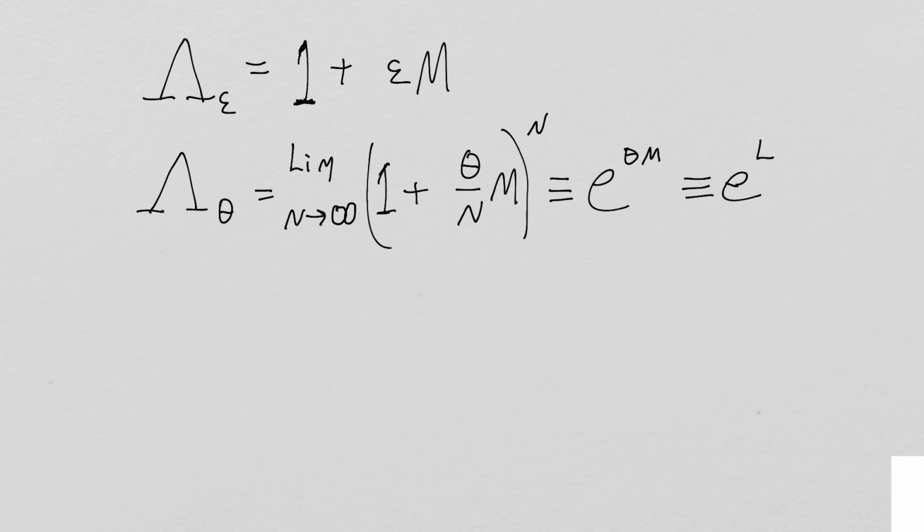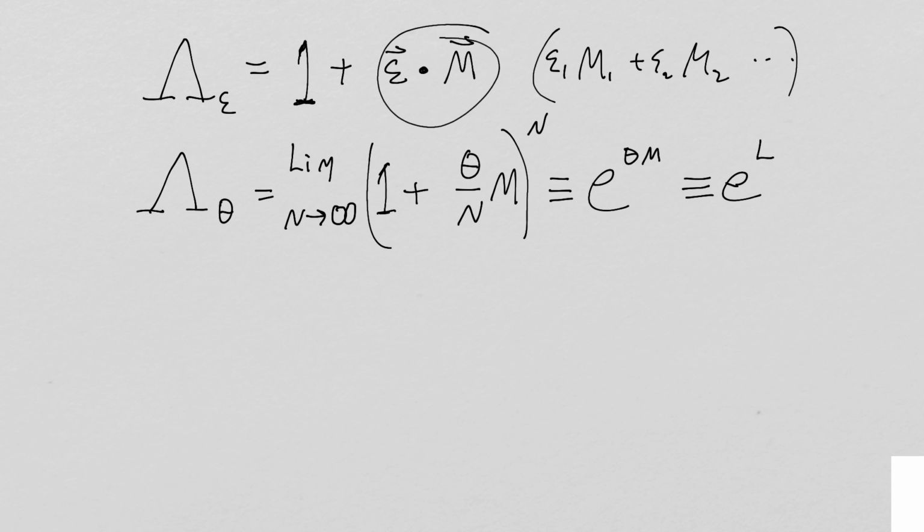So the way this is usually written is e to the epsilon dot M, where the parameter list is a vector, and M is a vector of matrices. And so this ends up being epsilon 1 times M1 plus epsilon 2 times M2, and the sum of those ends up making this guy, right? So we always see this. It happens over and over and over again, and it's something we have to be very used to.